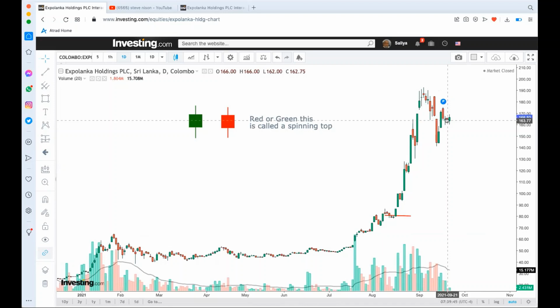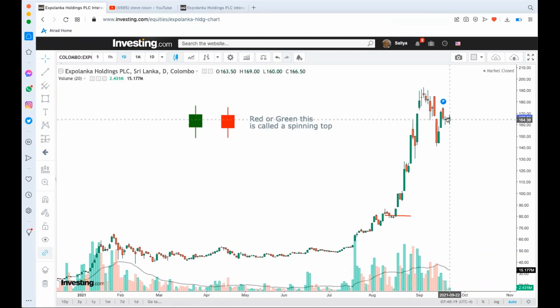Yesterday's body is between 166 and 162.75. Today's body is between 163.50 and 166.50. So based on the body, the bottom of the body yesterday was 162.75. Here, the bottom of the body is 163.50, right?